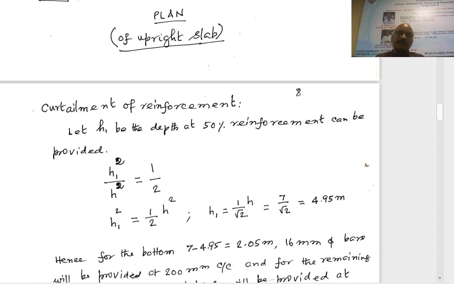That means if you provide 2 bars at the bottom, you are going to provide 1 bar at the top. So that formula gives you h1 equal to 4.95 meters. That means from 0 to 4.95 meters, you provide 1 bar, and from 4.95 to 7 meters, you provide 2 bars, or vice versa.